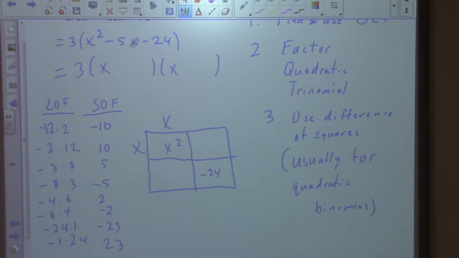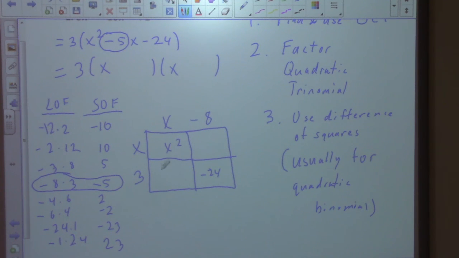So now you look at negative 5. Where does that show up on your sum of factors? Negative 8 times 3. So negative 8 and 3 are the two numbers which when multiplied together equal negative 24, yet when added together equal negative 5.